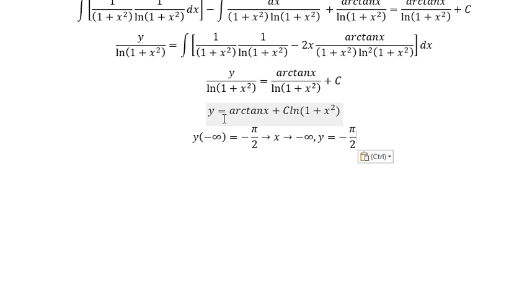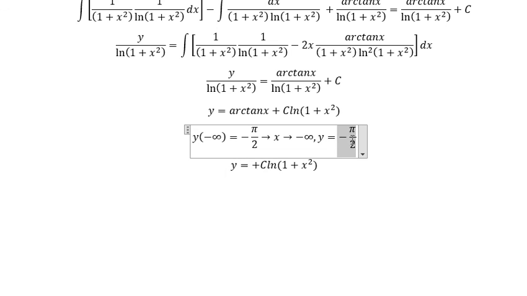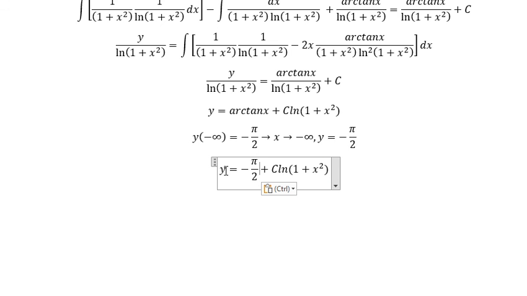So we put this one in to find the value of c. So when x approaches negative infinity, arctan of x, we have negative b over 2. This one we have y equal to negative b over 2.